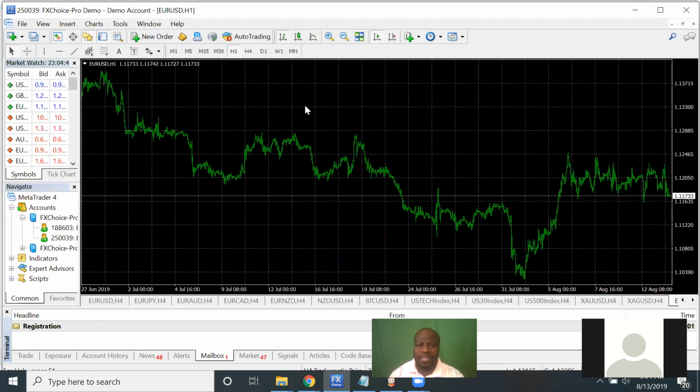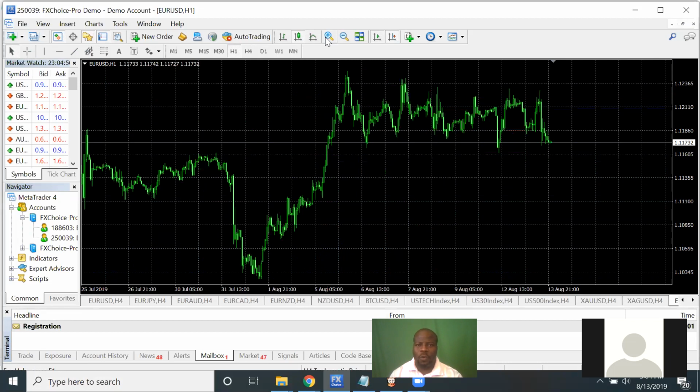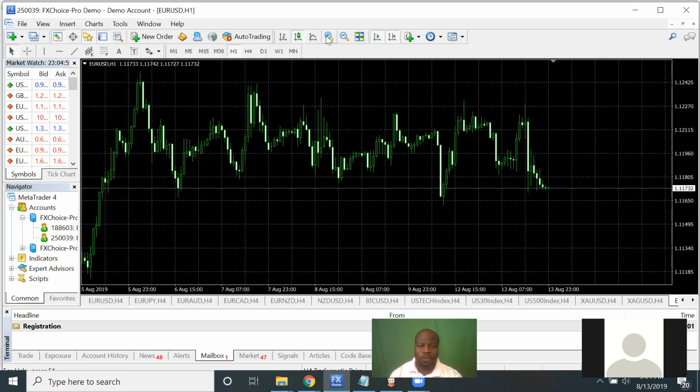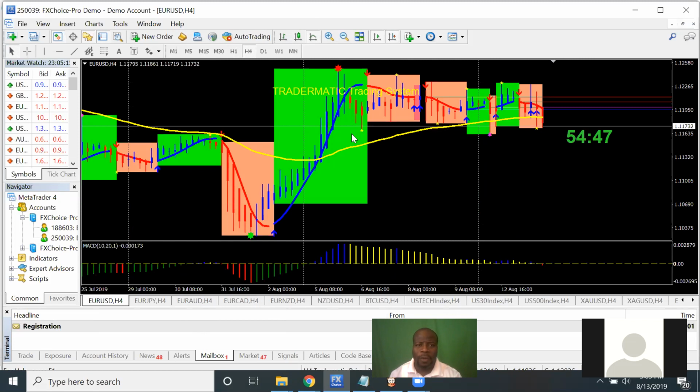But for you to understand how to work with this, you have to know so many patterns, so many styles: double bottom, shoulder, up triangle, down triangle, so many of those patterns that, especially as a beginner, you need to know. But with Tradermatic, it makes everything just easy for you. All you need to understand is when to buy and when to sell. And we're going to be going through all those right now.